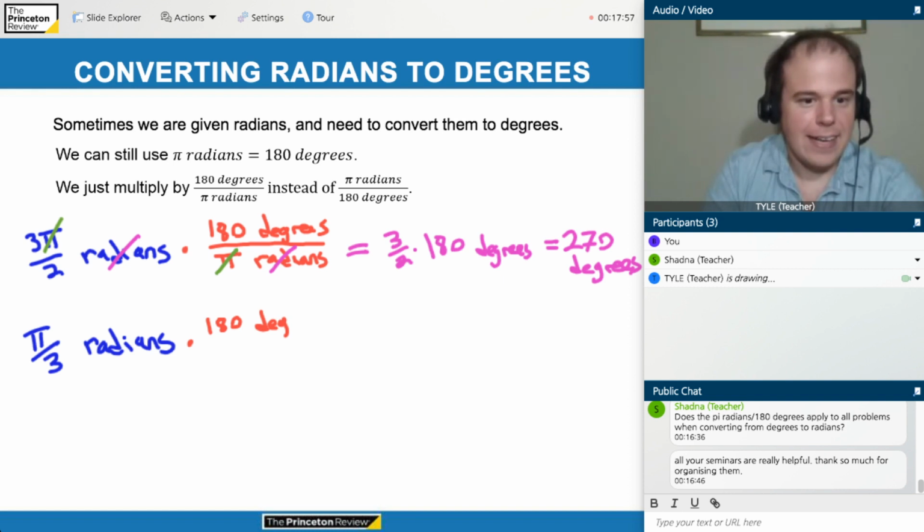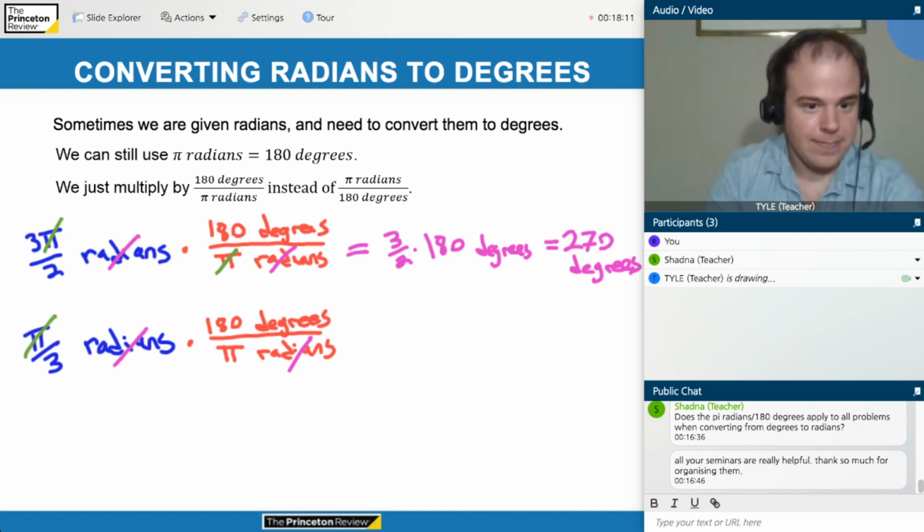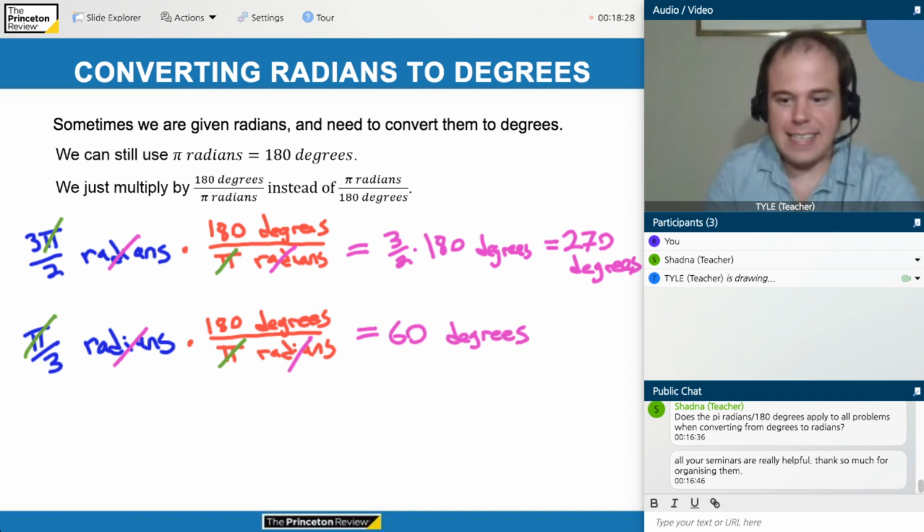I want to make sure that I put the radians in the denominator so that it cancels, because I'm trying to get rid of the radians and end up with degrees. And like above, the pi's also cancel, because we have pi on the top, pi on the bottom. So we're left with 180 over 3. And 180 over 3 is 60 degrees, since that's the unit that didn't cancel.